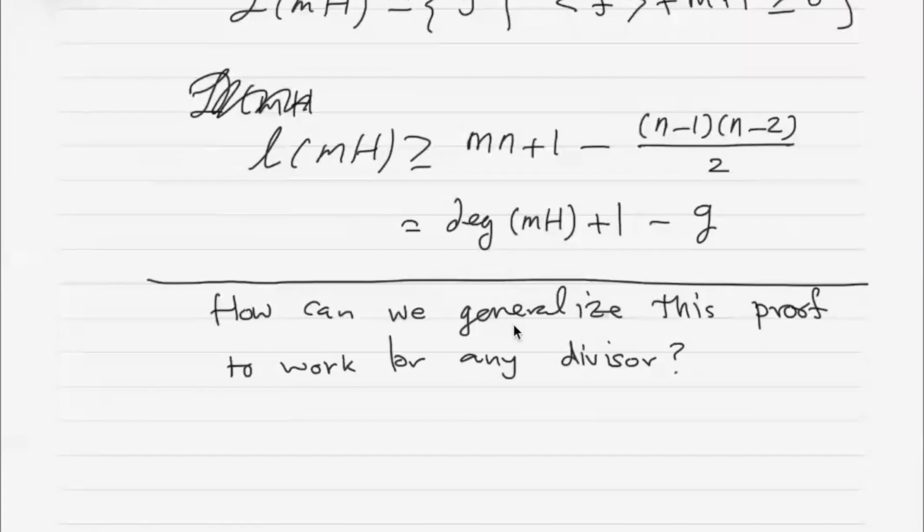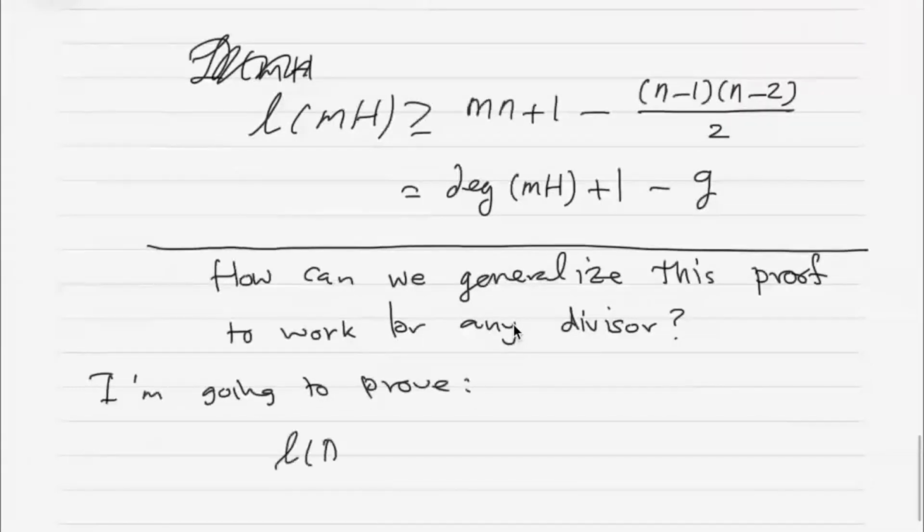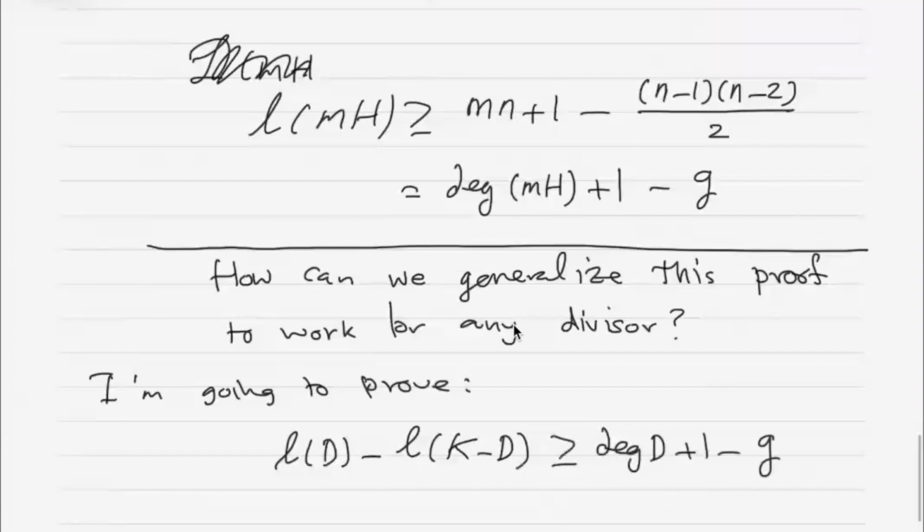And I'm going to prove for you actually a much stronger result. I'm going to prove that L of d minus L of k minus d is bigger than or equal to the degree of d plus 1 minus g.